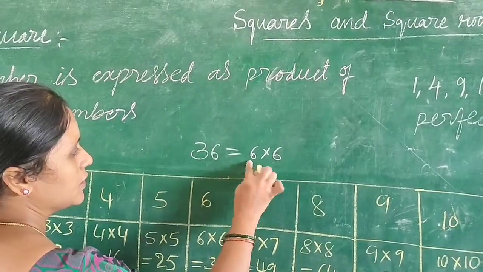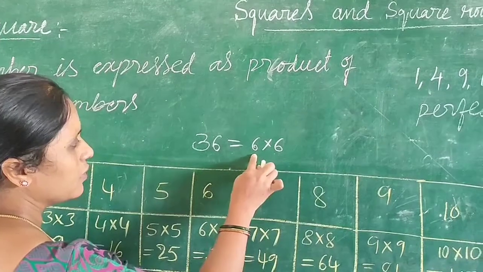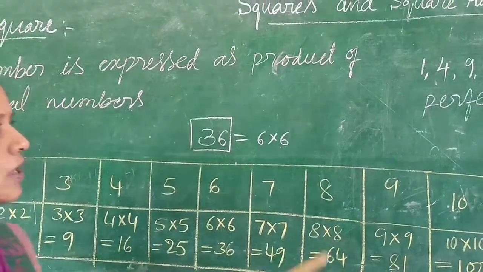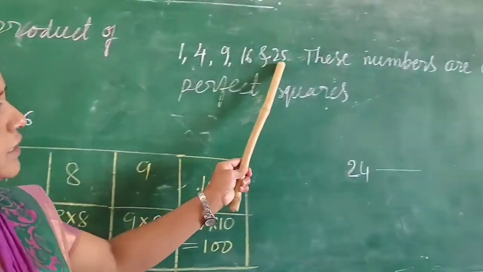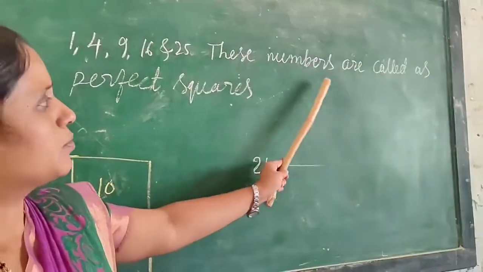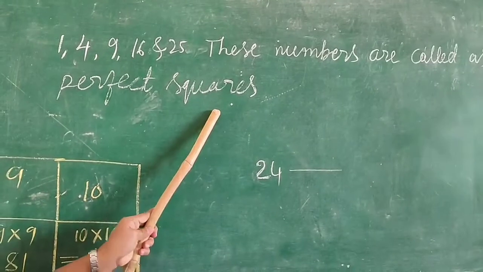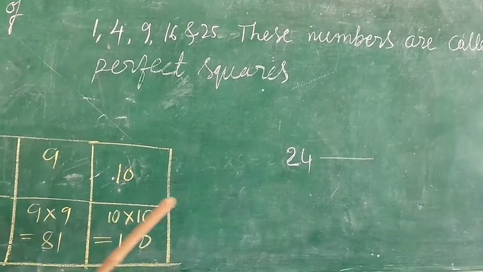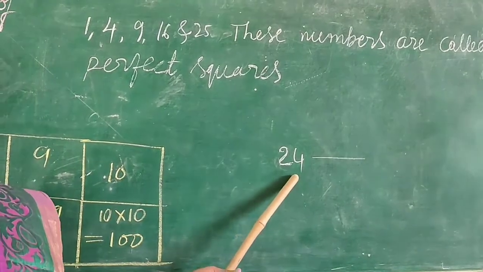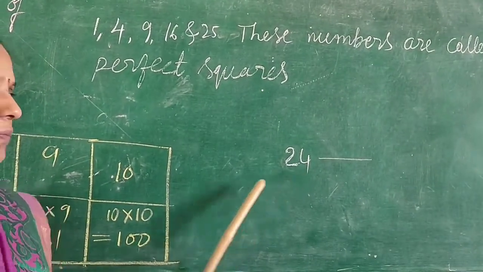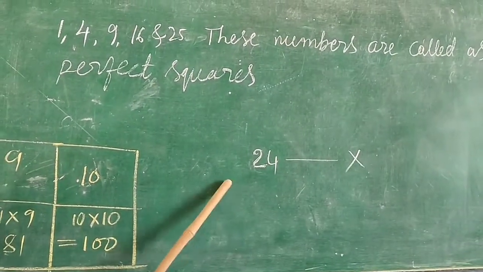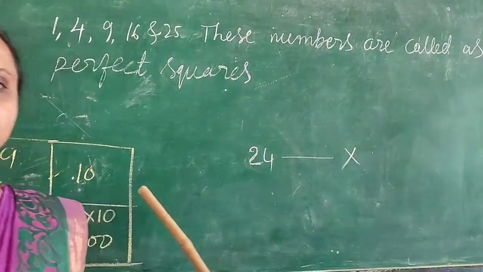So a product of two equal numbers is called a perfect square. Now one question arises. Is 24 a perfect square number? No, it is not a perfect square number.